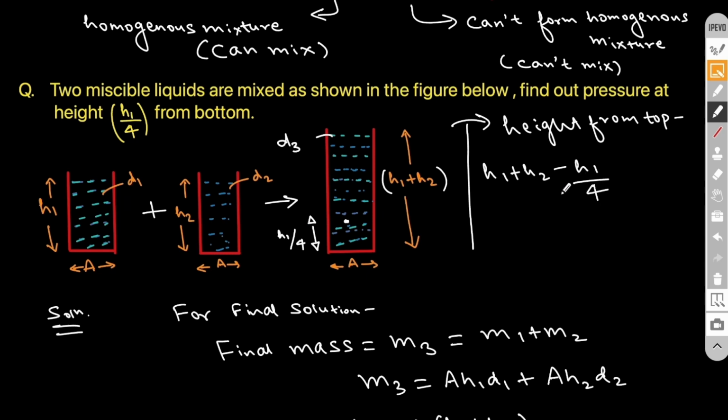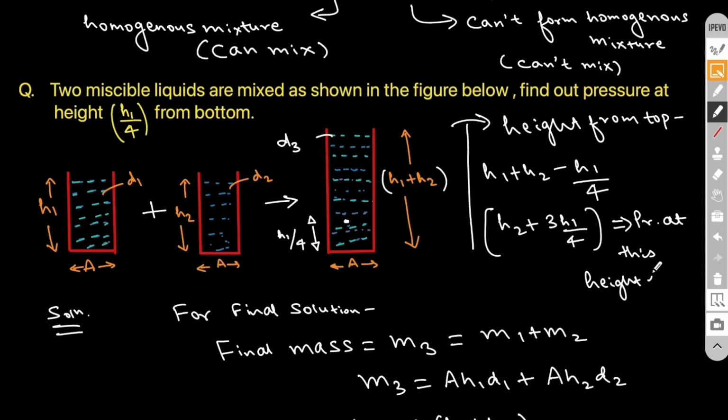So this will be the height for which we have to find the pressure from top. So this height came out to be h2 plus 3h1 by 4. So this is the height for which we have to find the pressure from top.